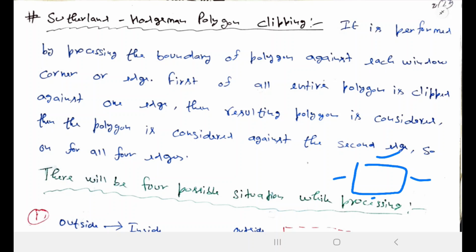We can say it is left, right, top and bottom. Okay, and we will clip our polygon according to all these four edges. Clear? Let's check how it is performed.